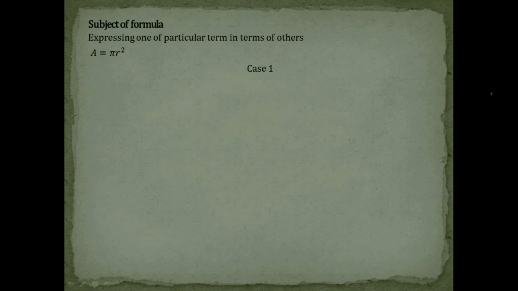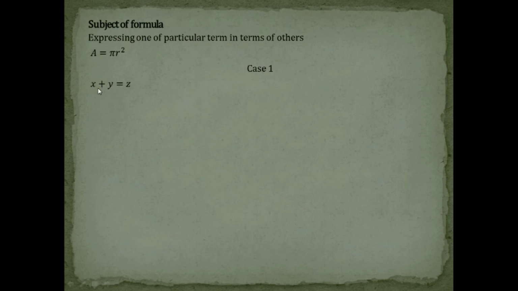Now, I will talk about case one. I decided to split it up into cases so we'll understand better. Case one is if you have an equation like this and you want to make x the subject of formula.